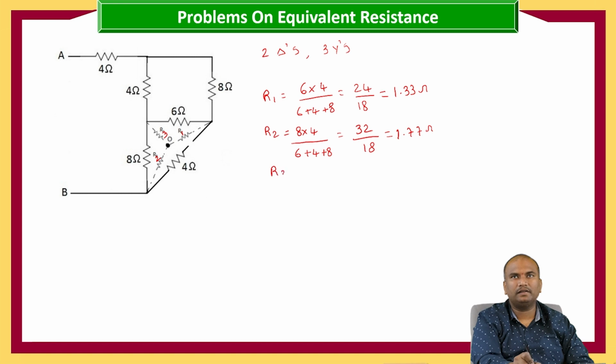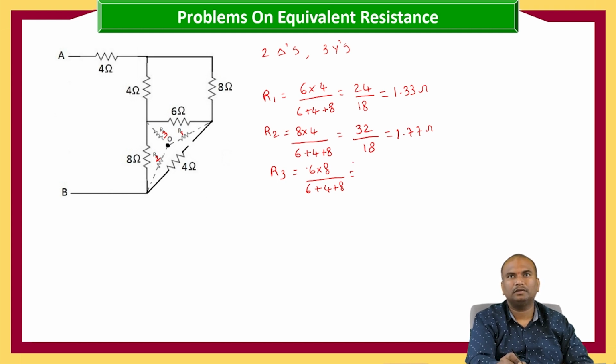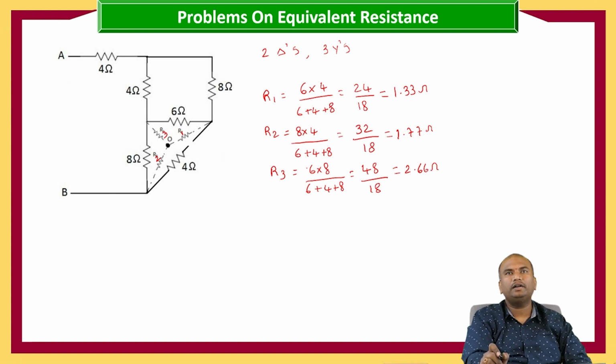And R3 is equals to 6 into 8 by 6 plus 4 plus 8, which is equals to 48 by 18, 2.66 ohms. So we got the R1, R2 and R3 values.